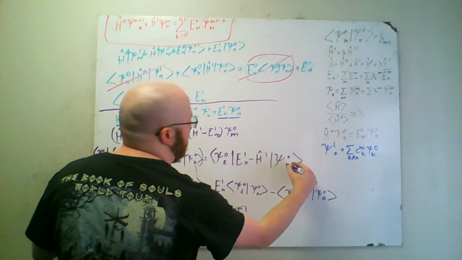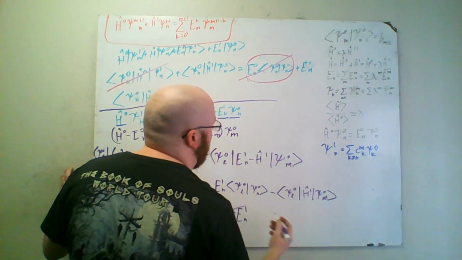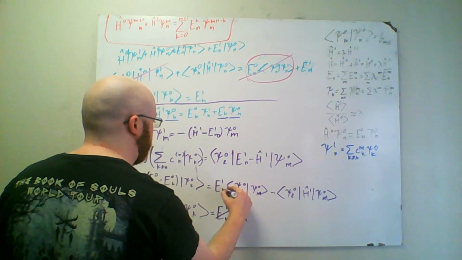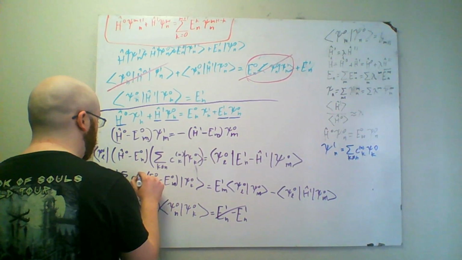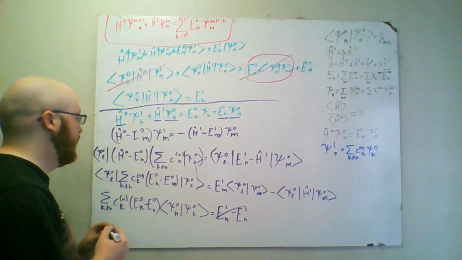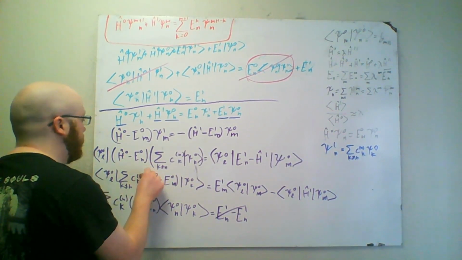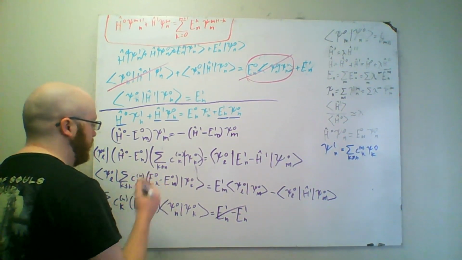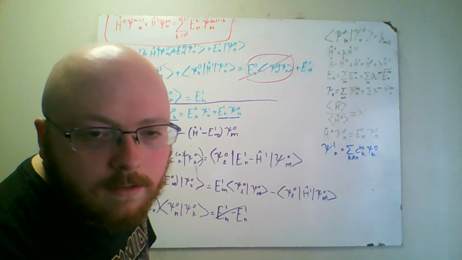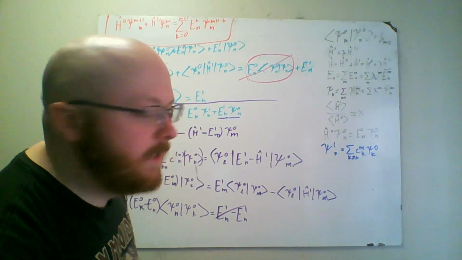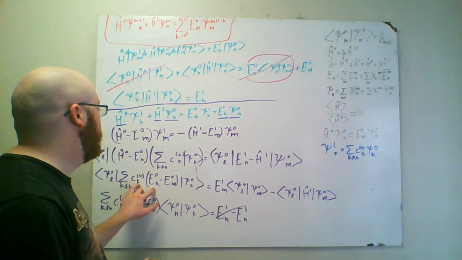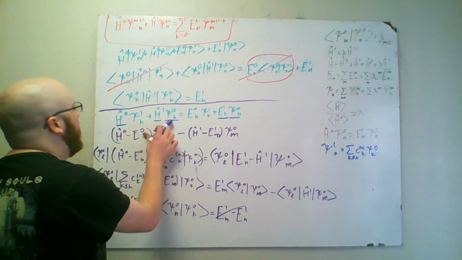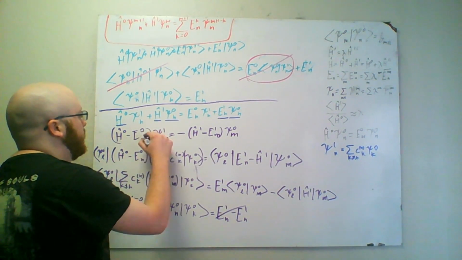M, M, M. I think that's an n. No wait, that's an M. Right, and if they're using m's. Oh no, these would all be k's. Okay. So that's what I'm missing.